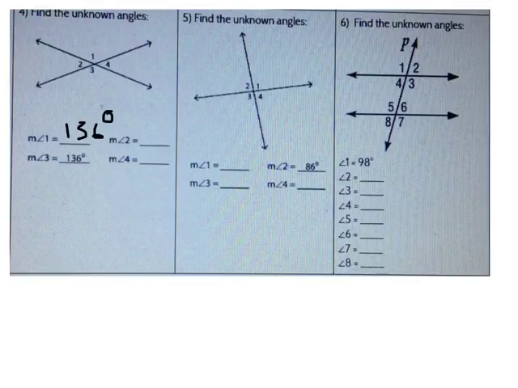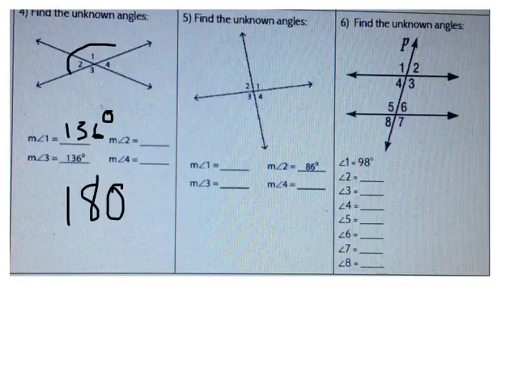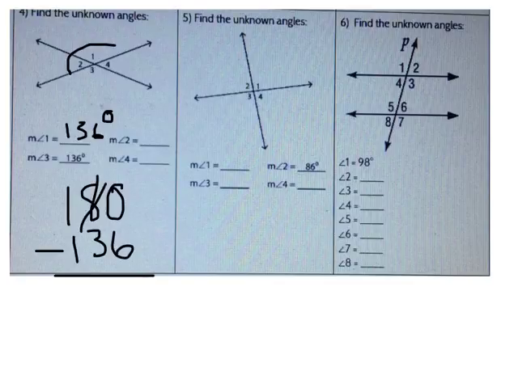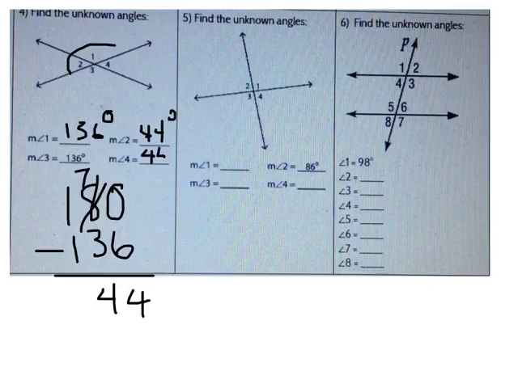I can find angles 2 and 4 by subtracting 180 minus 136 because they are on a straight line. What's 180 minus 136? Well, 10 minus 6 is 4, 7 minus 3 is 4, and 1 minus 1 is 0. Angle 2 and angle 4 are both 44 degrees.